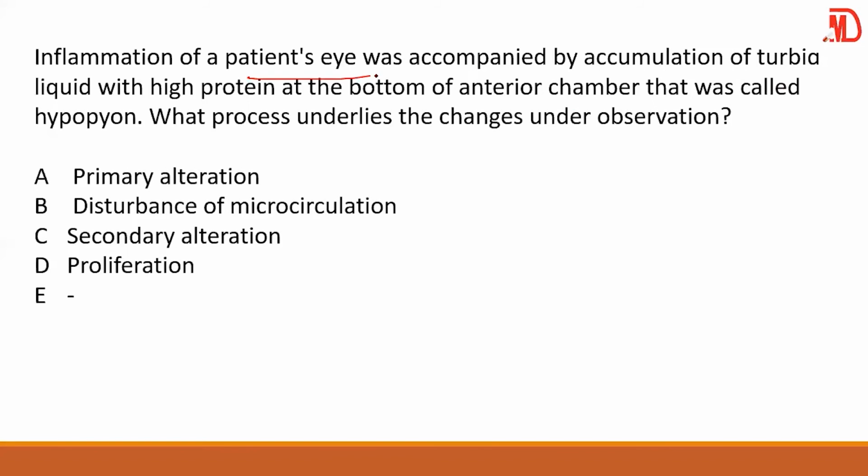Inflammation of the patient's eye was accompanied by accumulation of tepid liquid with high protein at the bottom of the anterior chamber. That was called hypopyon. What process underlies such changes? What is happening? There is an inflammation reaction, and as a result there's accumulation of a tepid liquid with high protein at the bottom of the anterior chamber.